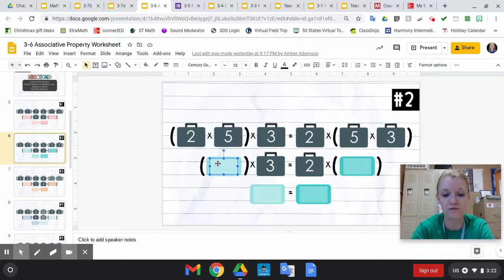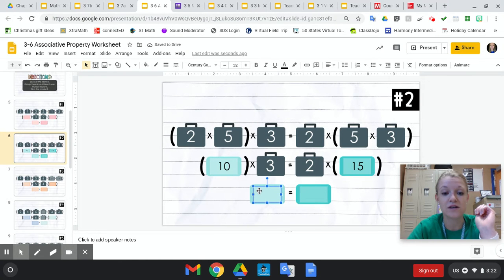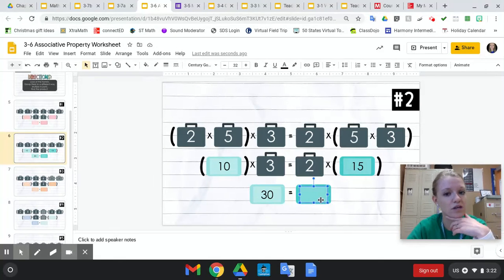So 2 times 5 is 10. And then over here, 5 and 3 are in parentheses, so 5 times 3 is 15. Then I come down here and I do what was in parentheses times what was left. So 10 times 3 is 30. And 10 times 3, that's super easy. But over here, 2 times 15, that one's a little bit more tricky.